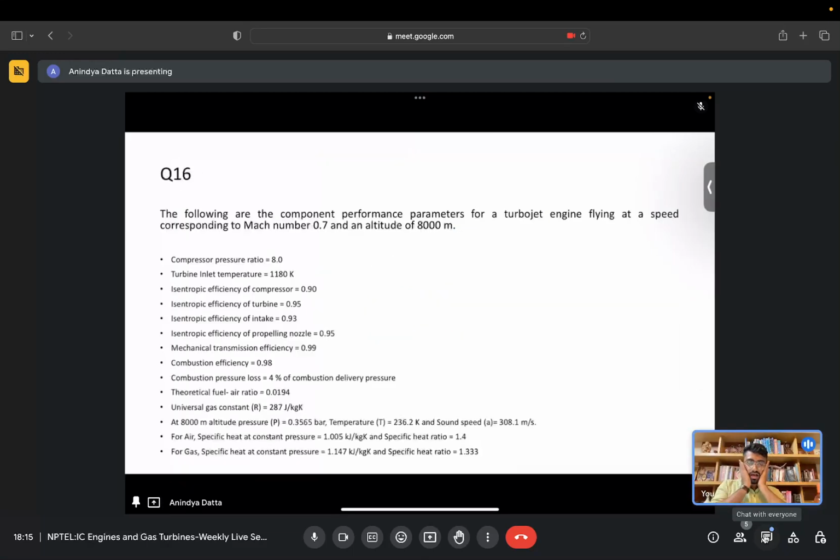Okay, so the last problem for today, this will be a big problem. This is a problem on a turbojet engine cycle. So till now we have done thermodynamic analysis of mostly gas turbine power plants, right? With isentropic efficiencies of compressors and turbines.